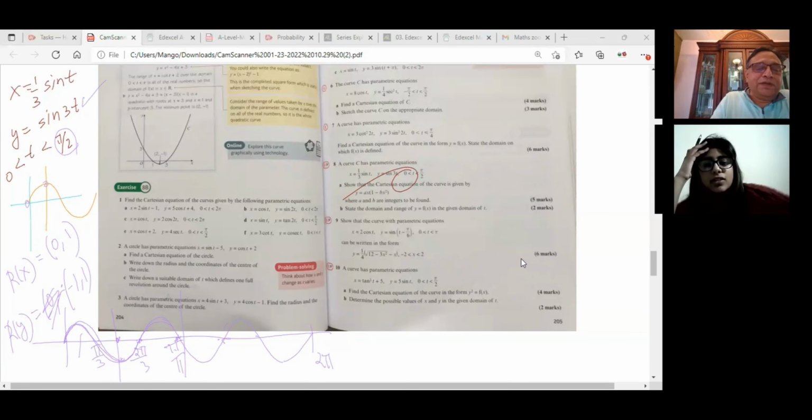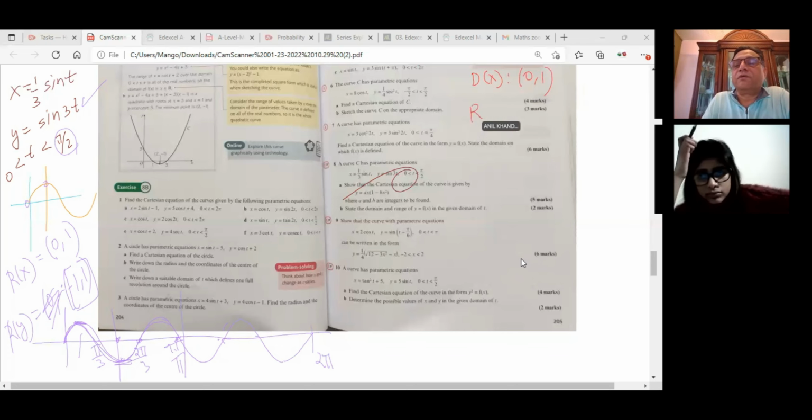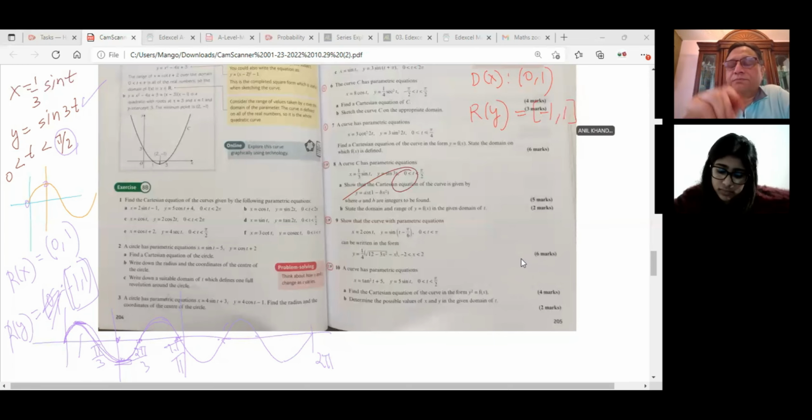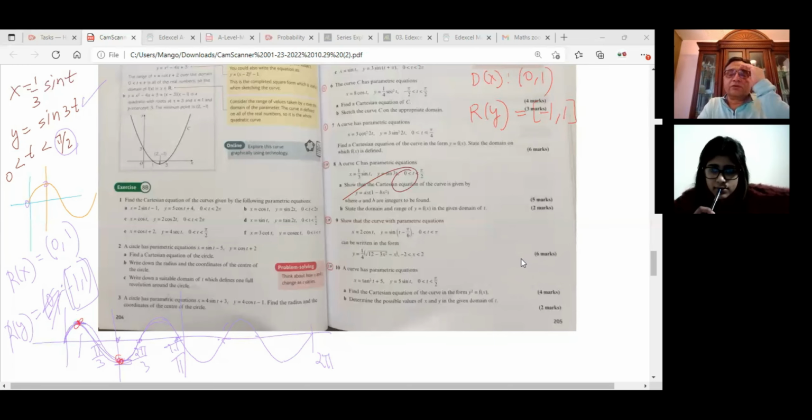In between we have plus and minus 1, both included. So the domain of this function, x, is from 0 to 1, and the range, which is the y value, is from minus 1 to plus 1, both included, because these points are included, whereas 0 and 1 for the domain weren't included. Correct.